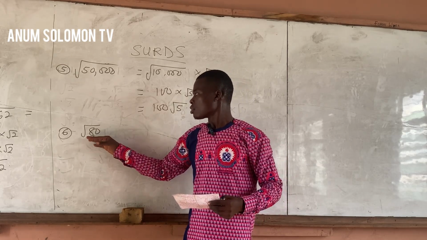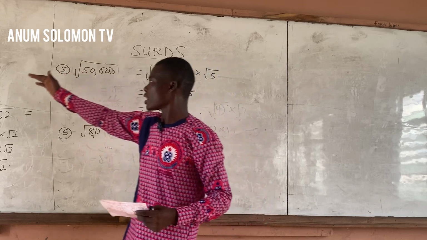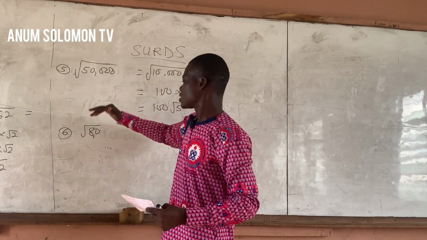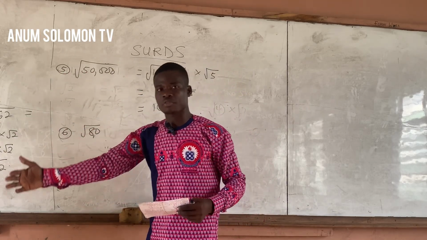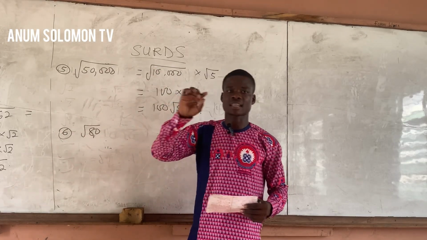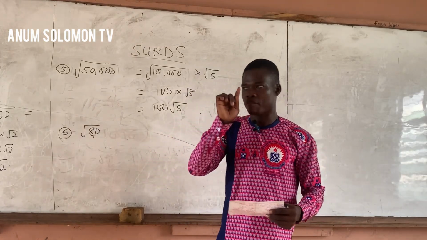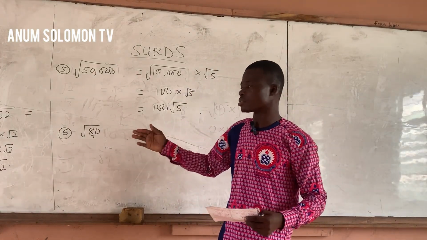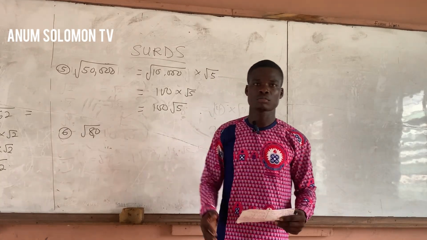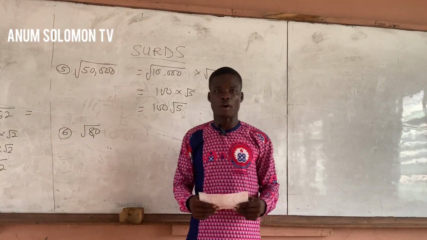Check the factors of 80. Among the factors of 80, check the one which is the perfect factor. When you get the perfect factor, then use that perfect factor to reduce root 80 to its basic form.